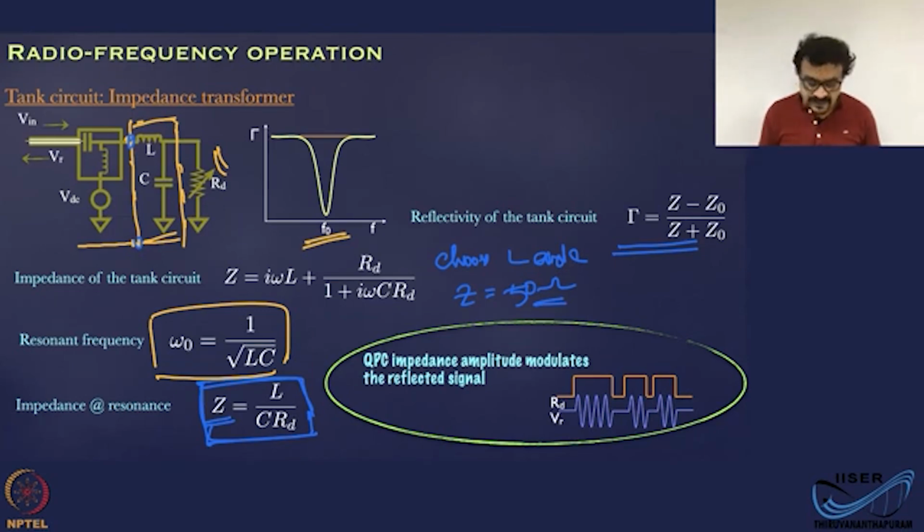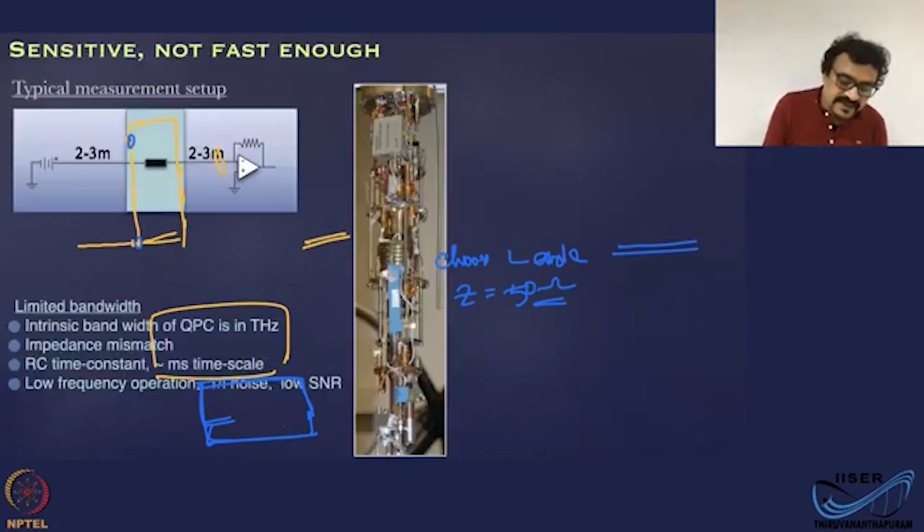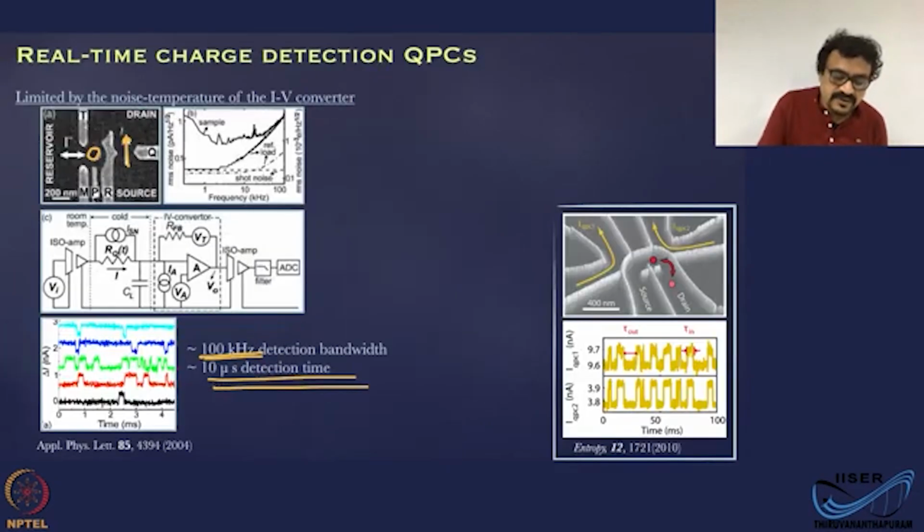Okay. So the point here is you are not measuring the current through the detector, whether it is a QPC or a CT, as in the previous case. In the previous case, you were measuring the current directly through this device. But that's not what you're doing now.